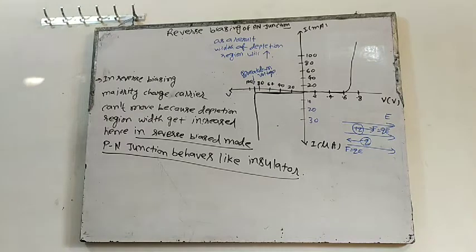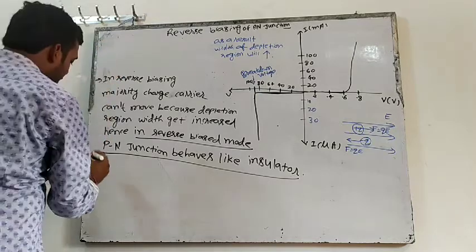In reverse biased mode, the p-n junction will behave as an insulator, and in forward biased mode, what will happen?